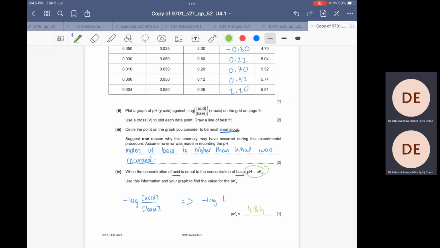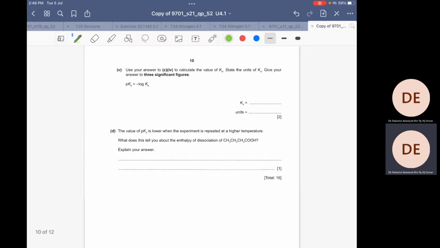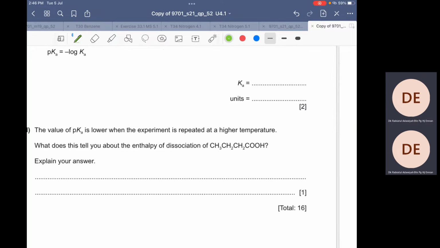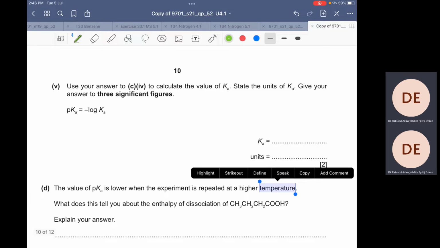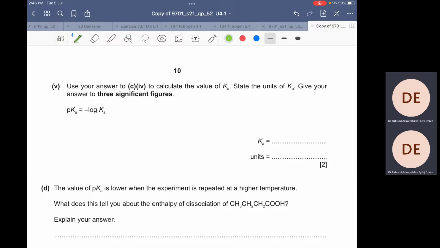Use your answer to part 4 to calculate the value of Ka. Okay. So how do we find Ka? We need to rearrange this. Ka is equal to, so the log is to the base 10.